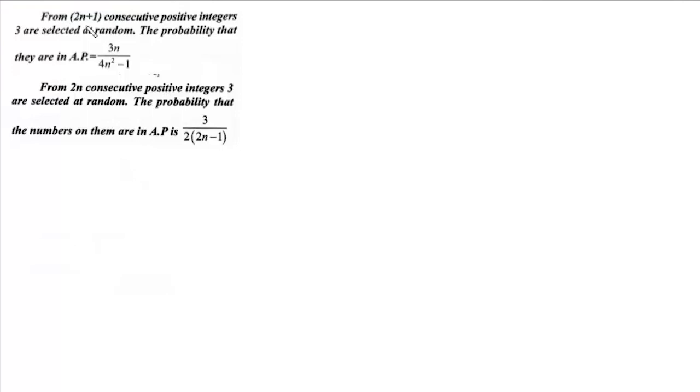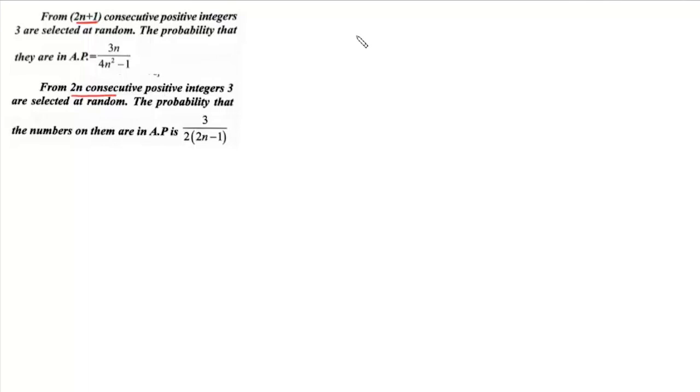Now here the question is, from 2n plus 1 consecutive positive integers, 3 are selected at random. The probability that they are in AP is 3n upon 4n square minus 1, and from 2n consecutive positive integers, 3 are selected at random. The probability that numbers of them are in AP is 3 upon 2 into 2n minus 1.